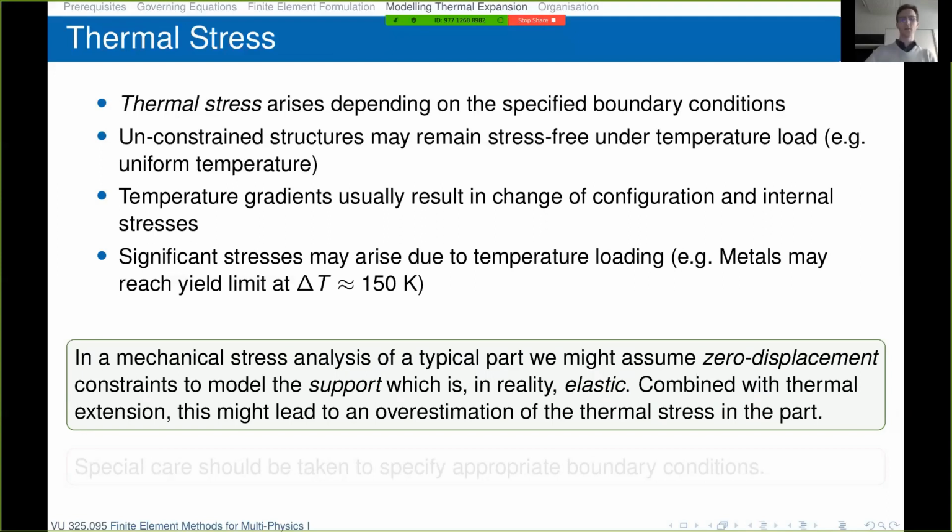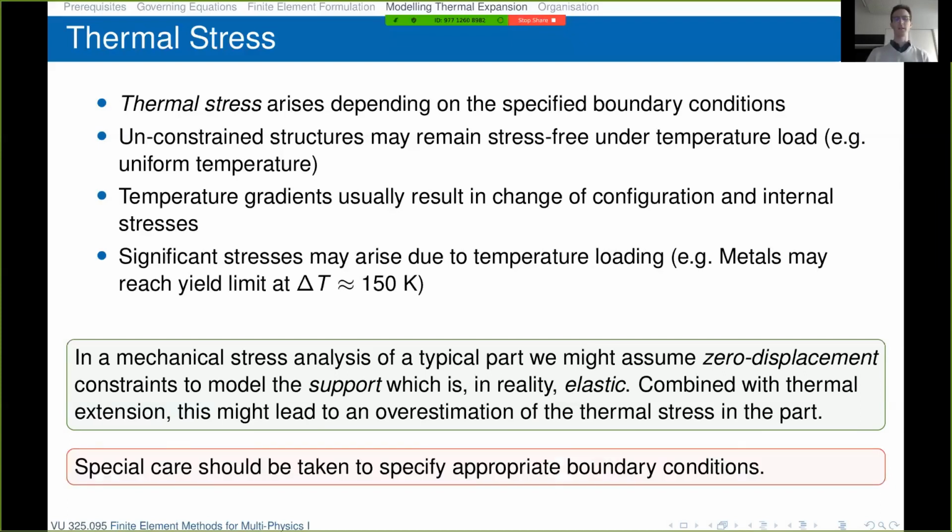So if you combine that with introducing a thermal expansion of the part, this will quite often lead to a very large overestimation of the stresses in the part, because you actually constrained it using a fixed support, where in reality it's elastic. So be careful when specifying boundary conditions in thermal expansion analysis not to over-constrain your structure, because the boundary conditions you assume have to reflect reality.